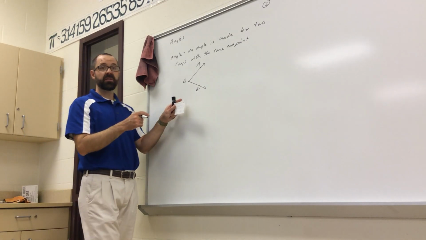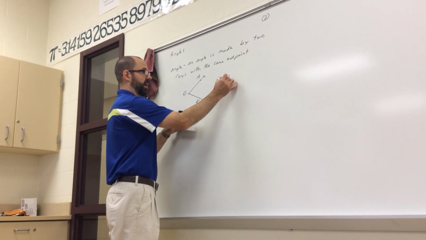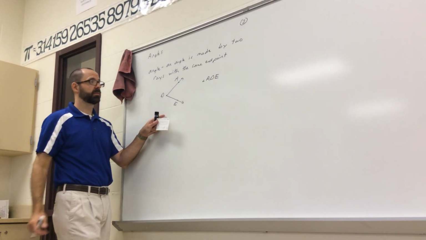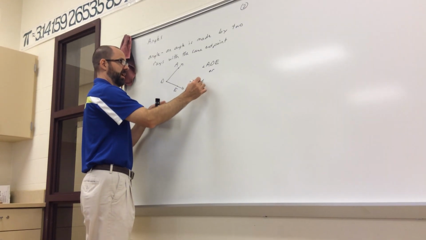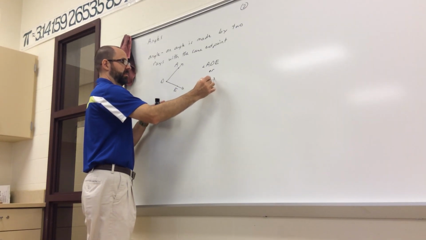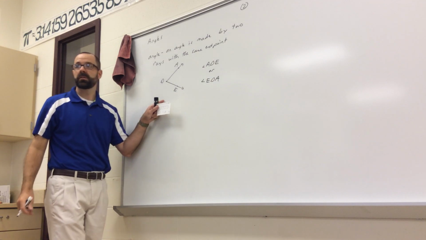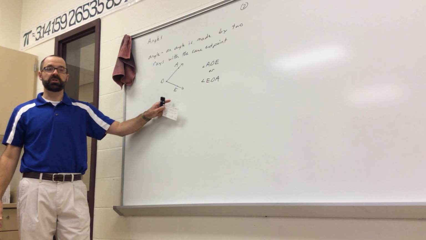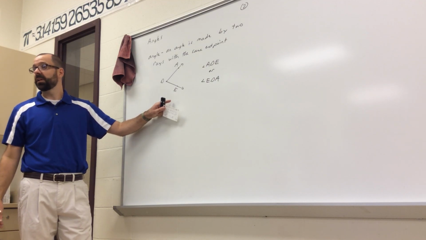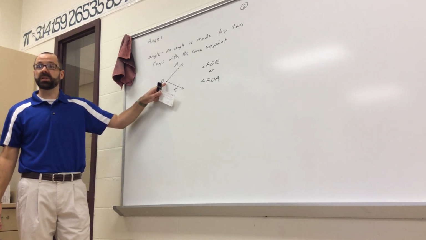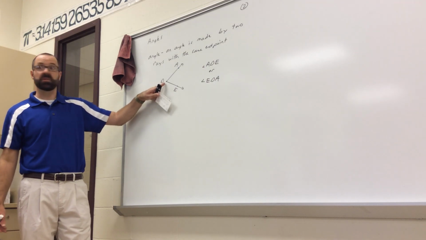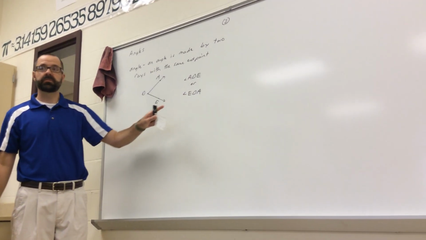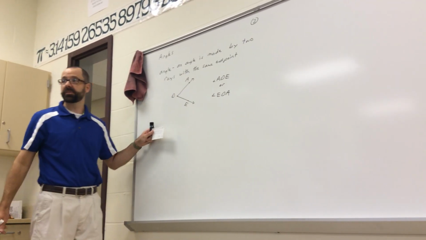And the name of this angle then is angle ADE, or you could call it angle EDA. So when you name an angle, you use 3 letters, and the vertex has to be in the middle. Since D is the vertex of this angle, that's why I put D in the middle. And that tells you what angle it is.